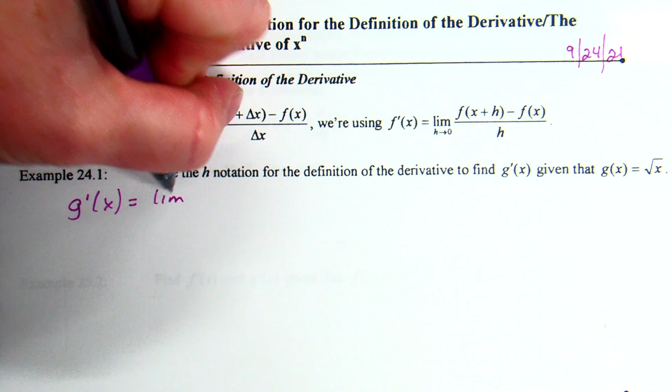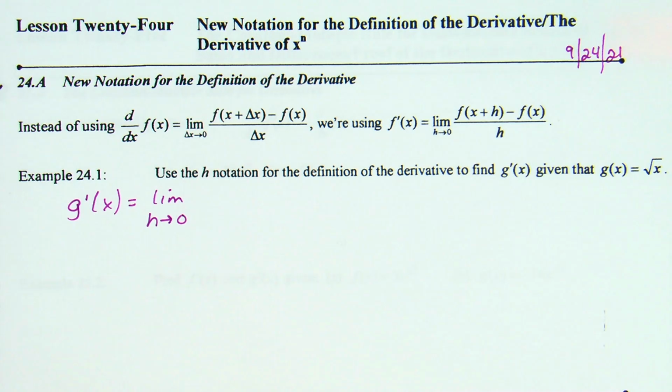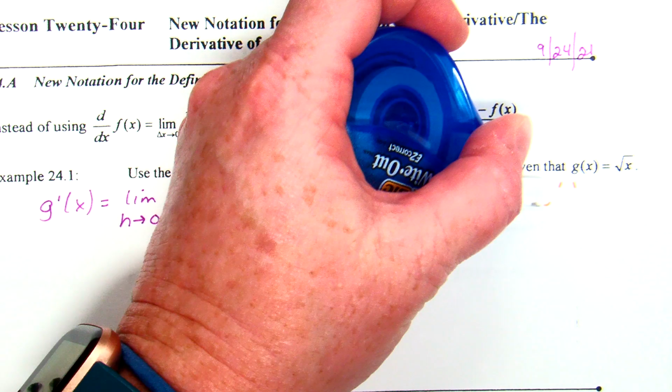Do we need to do a side note? If g of x is the square root of x, what is g of x plus h?